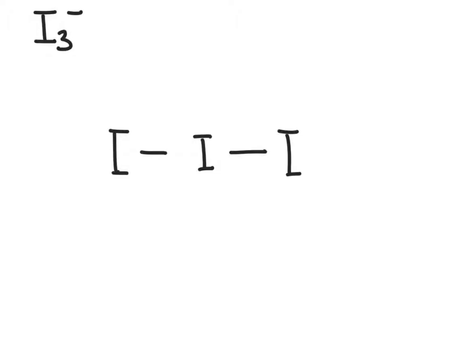From the previous slide, we know there are 11 electron pairs. So we have 2 pairs already done in the bonds.